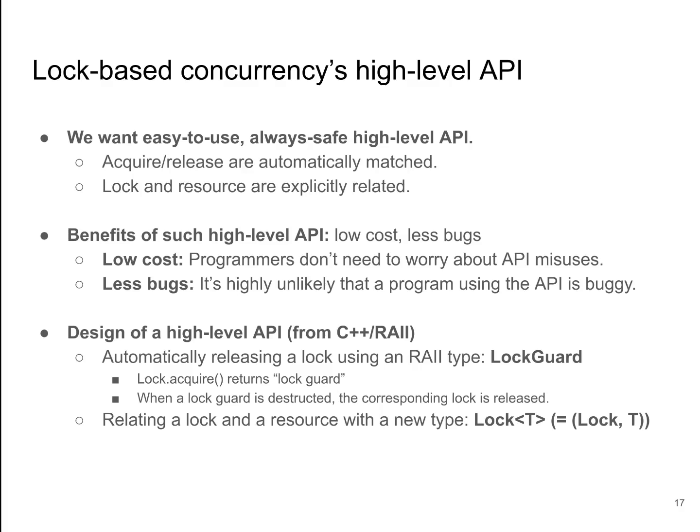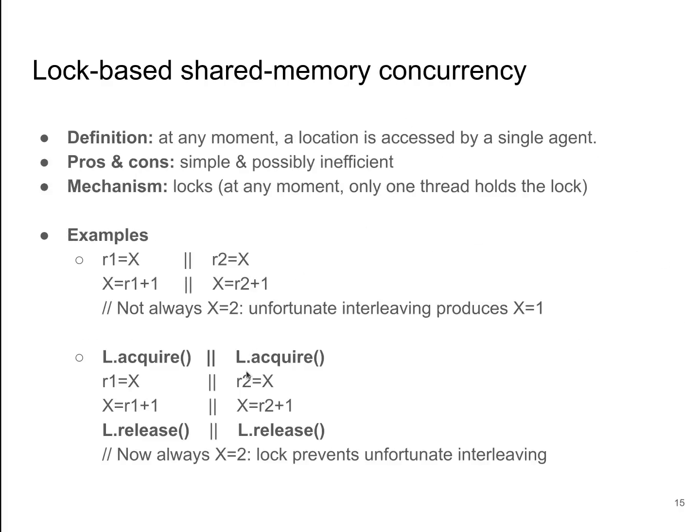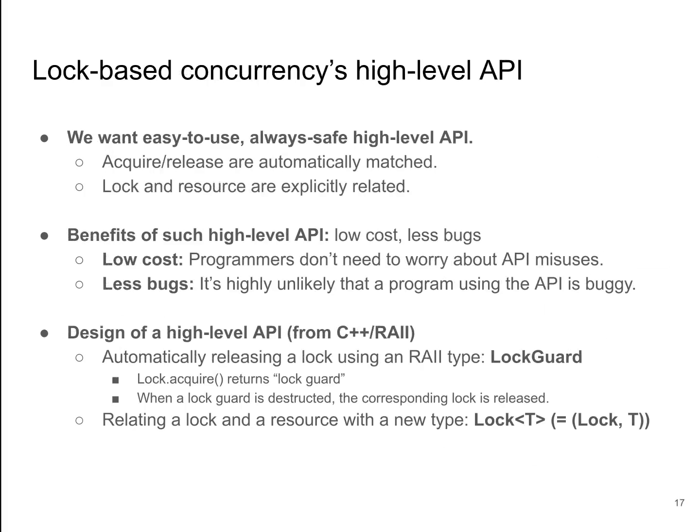And also, the high-level API should relate a lock and the corresponding inner resource explicitly. For example, the relationship between L and X should be explicitly marked in the program. As a result, there is no confusion about which lock protects which data.